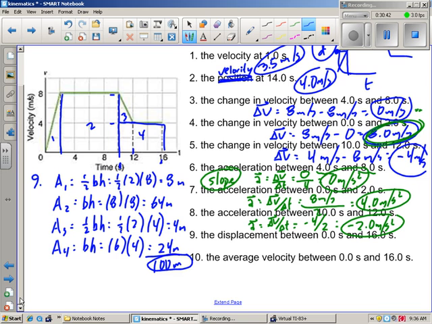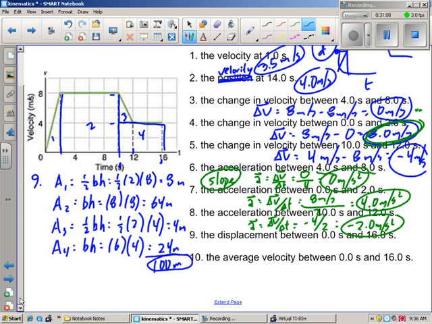Does that make sense? Let me tell you right now a very, very common mistake that's made on position time graphs. Why am I going back to that right now? Because the mistake is made because of what we just did. On a position time graph, we found displacement before, and it's easy. All we do to find displacement on a position time graph is say final position minus initial position.